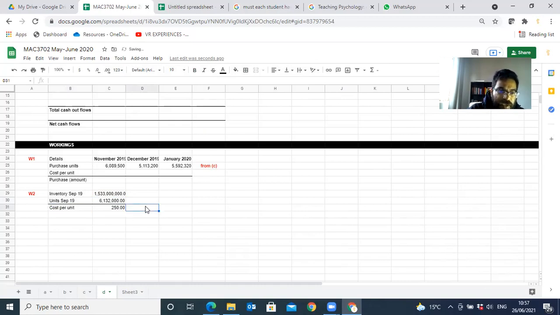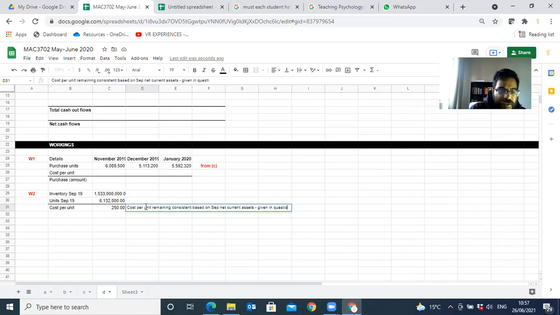So we're just going to say cost per unit remains consistent based on net current assets. How do we know that? Given in the question.